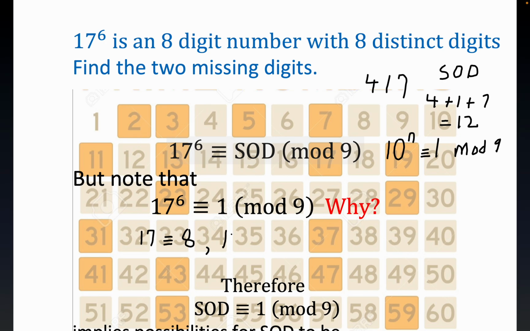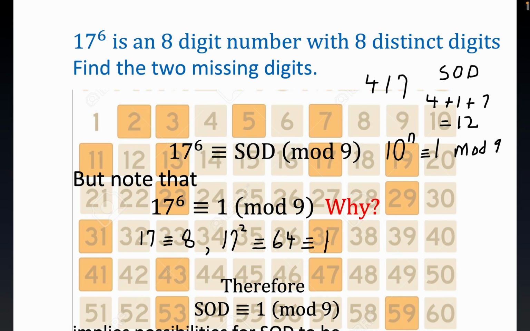So 17 squared is congruent to 8 squared, which is 64, right? It's congruent to 64, but here's where it gets fun. 64 is congruent to 1. And you can see that 64 minus 1 is 63, and 9 times 7 is 63, right?